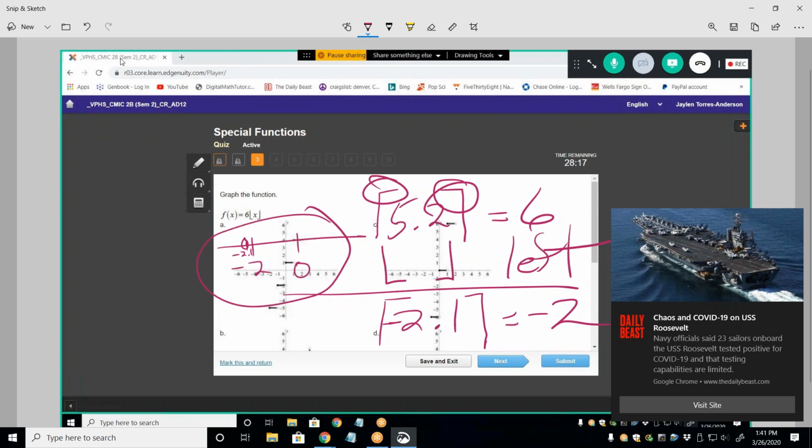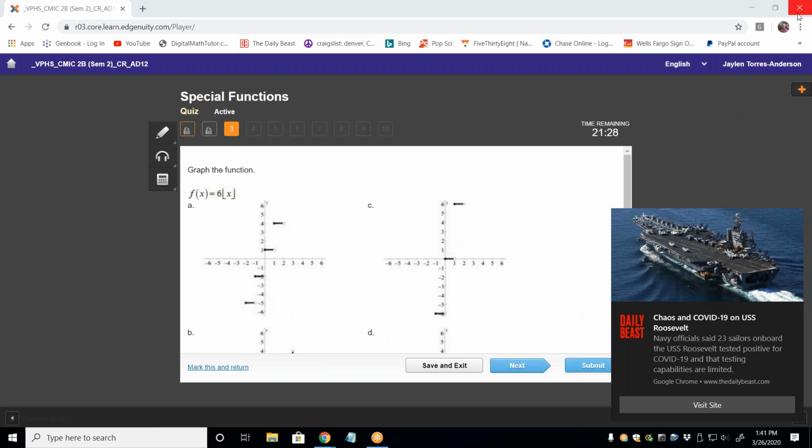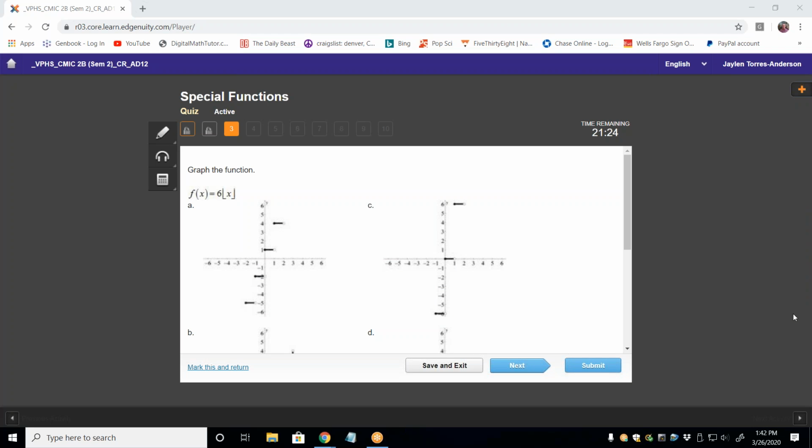So, which means the answer I gave you to that last problem was wrong. It was not 2. Do we have a way of backing up to that or not? No? Oh, yeah, I think the answer was 4.